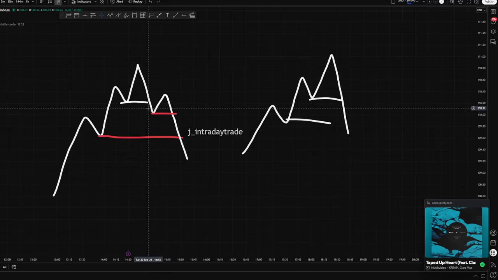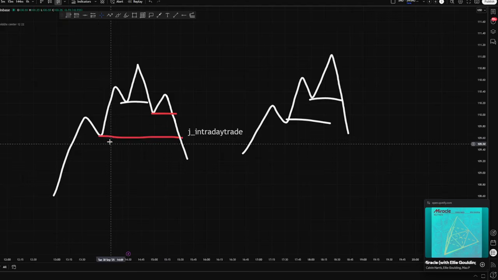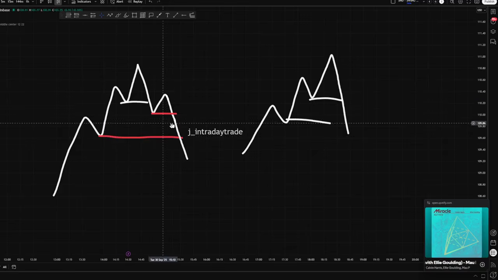That's not a 100% indication, but a really good indication that we're gonna go lower from here. The official area in which price has failed that two is down here on the technical aspect of things, right? But on the story aspect of things, this is where it fails. It wanted to go higher, but it couldn't do it.